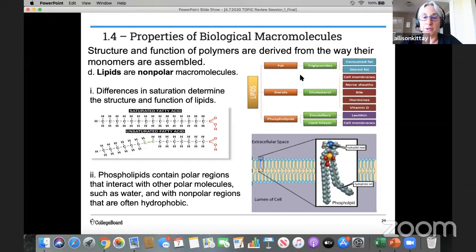Sterols are very important. Sterols are steroid molecules which are characterized by being nonpolar, which is why they're classified with the lipids, and they are four linked carbon rings. Probably the most familiar one you know is cholesterol, and cholesterol is important in cell membrane structure. It helps to maintain the fluidity and provide structure for that cell membrane.